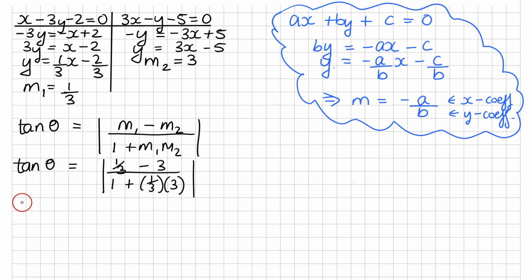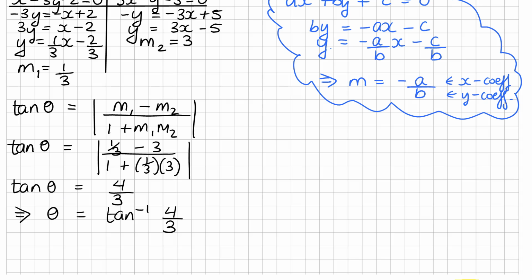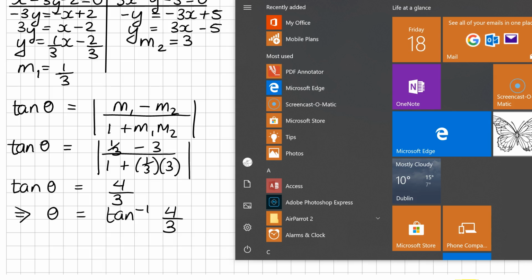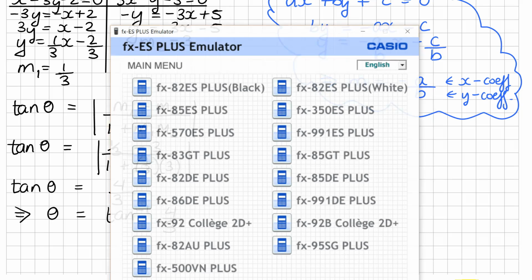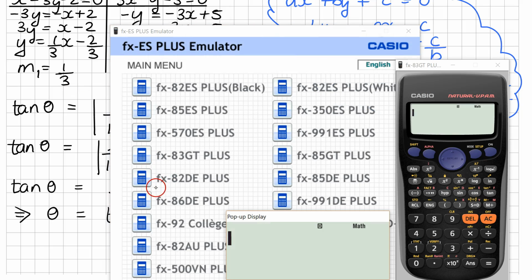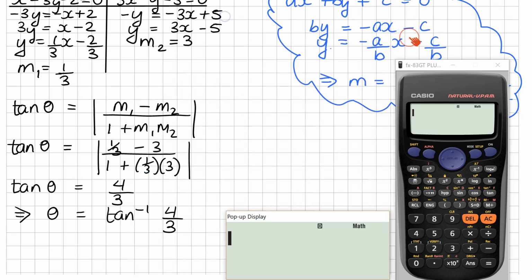So then the tan of theta is equal to 4 over 3. So this implies that theta is equal to the inverse tan of 4 over 3. So we go to our calculator, and we get the inverse tan of 4 over 3. It could still be in your calculator as the answer, but I just closed my calculator so it's not there.